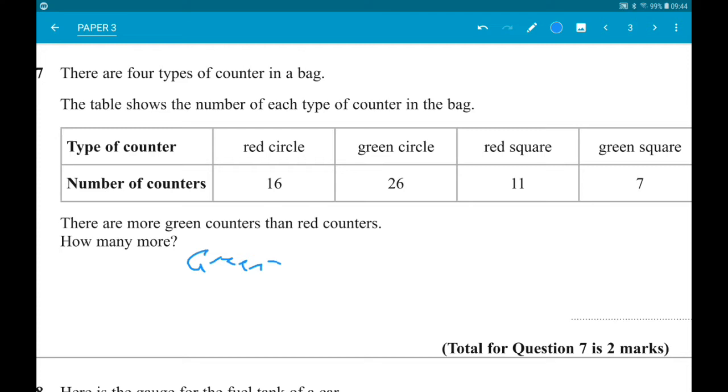So for green we have 26 and 7. That's 33. And then for red we have 16 and 11. That's 27. So 33 minus 27 is 6.